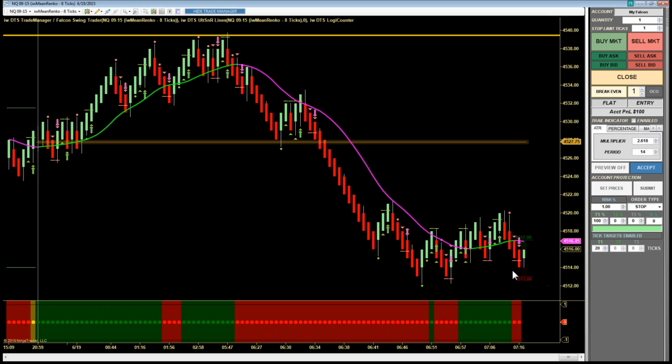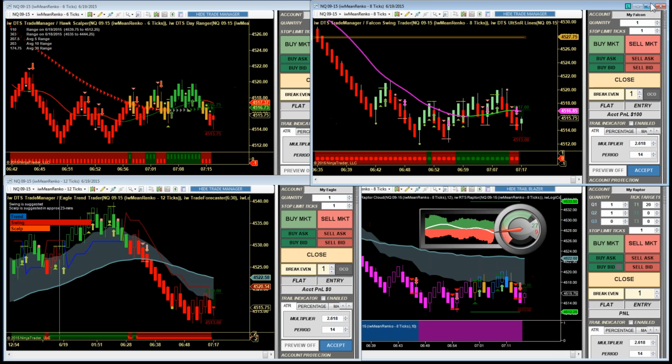If the sellers come back and produce a sell signal, that will be saleable. But for the most part, they seem pretty content where they are.